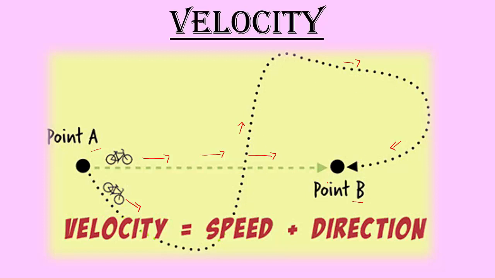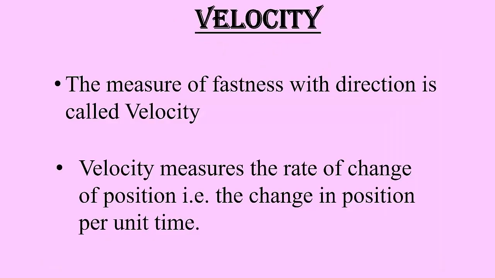Speed has only magnitude, so speed plus direction gives velocity. Then how to define velocity? The measure of fastness with direction is called velocity.